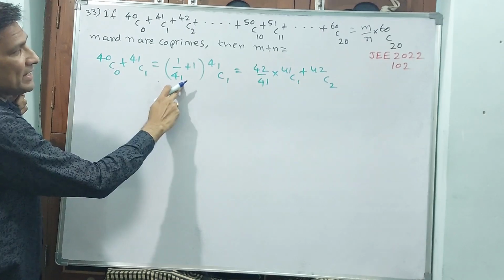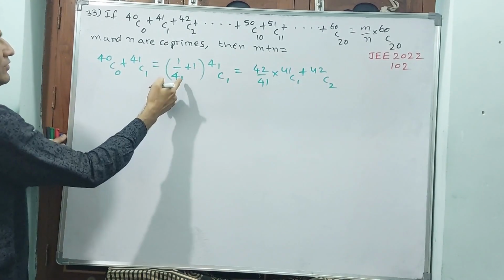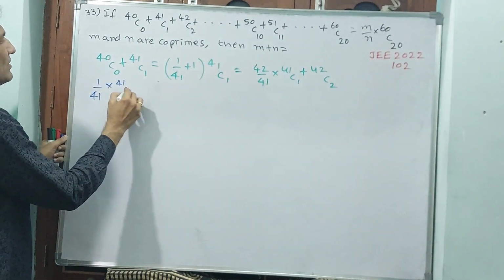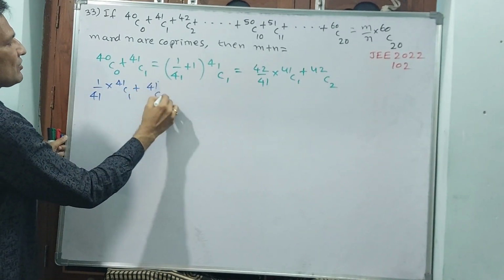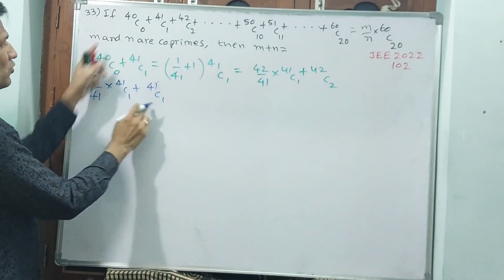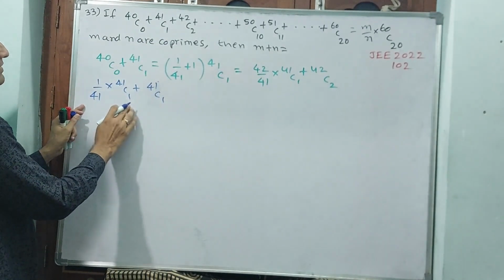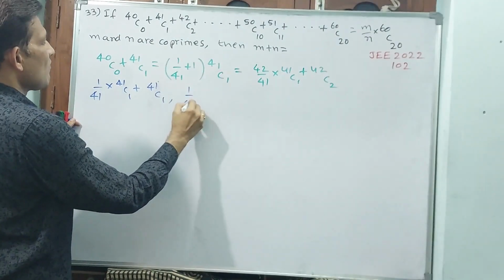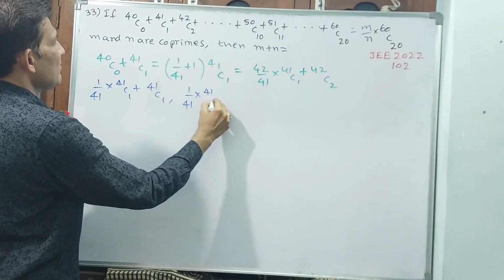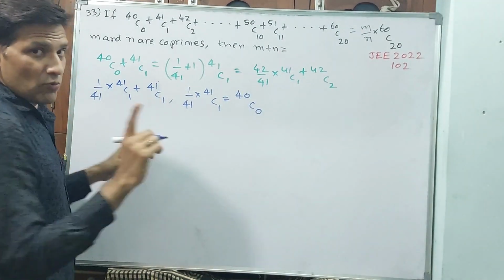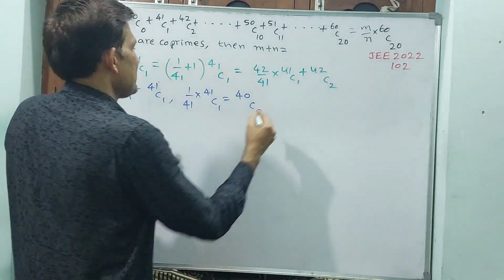If you go back, see, this can be split like this. 1 by 41 into 41C1 plus 41C1. 41C1 is there, but we have to show that 1 by 41 into 41C1 is equal to 40C0. This we have to prove. Now we are going to prove. You see how I am writing.